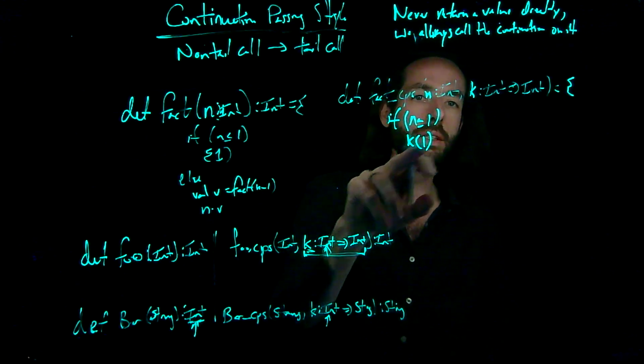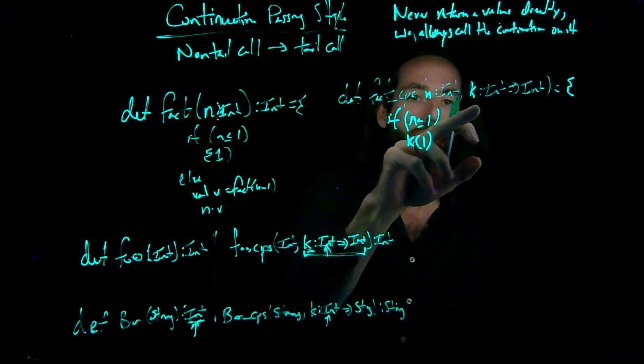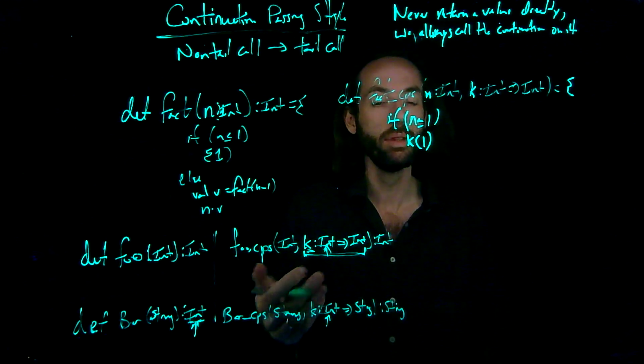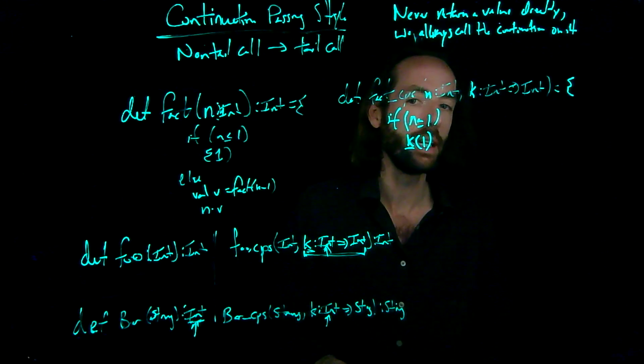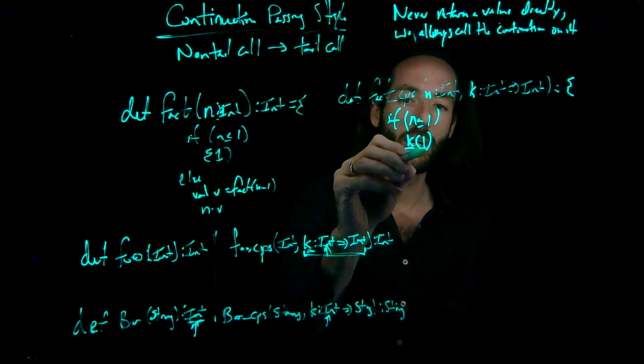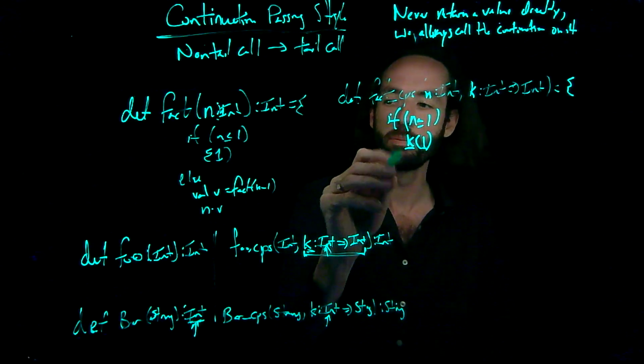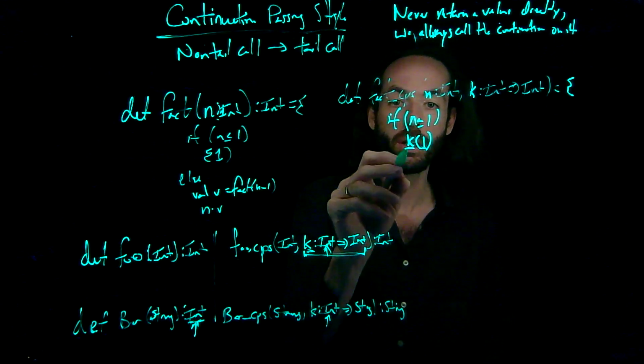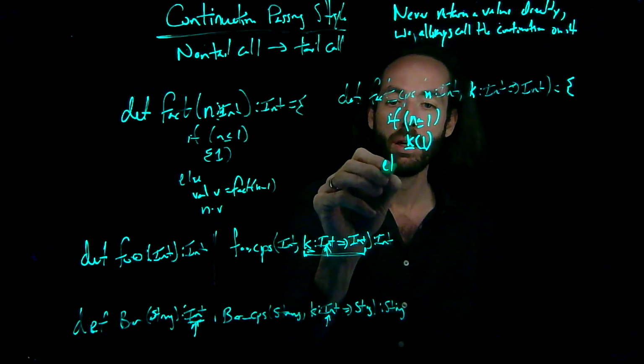Because the idea is the continuation is whatever extra computation my parent call needed me to do for it. So I'm going to make sure that I take care of that on whatever my final result should be. So yeah, we have our base case. If n is less than or equal to 1, we're going to call the continuation on 1.